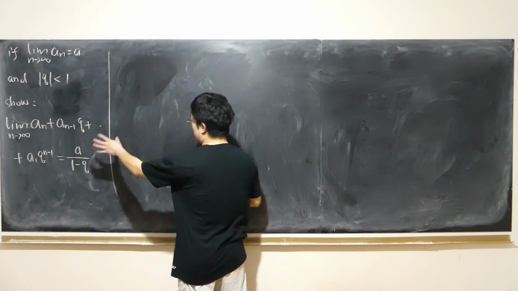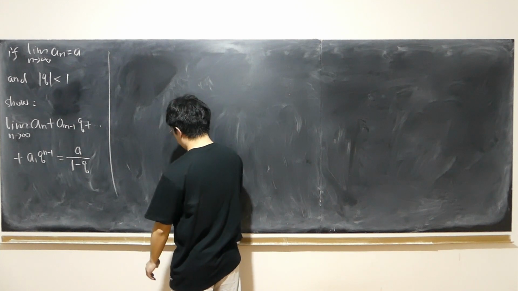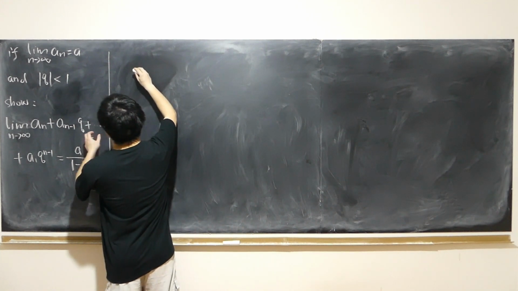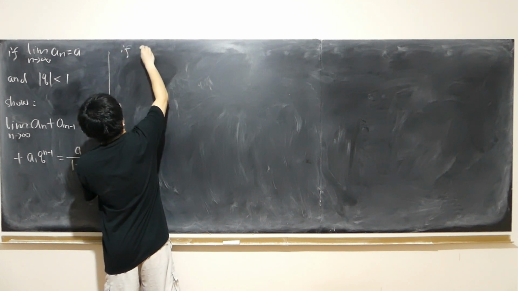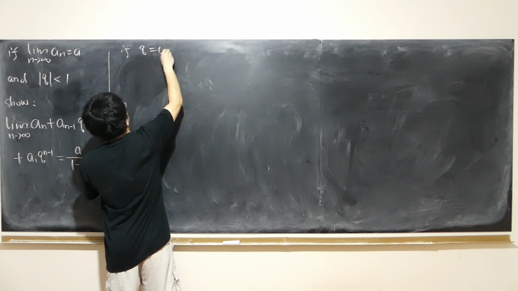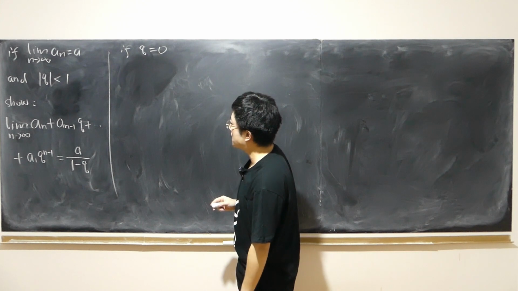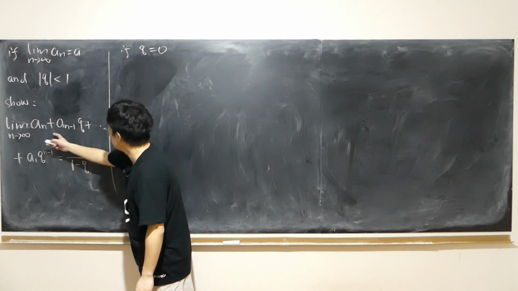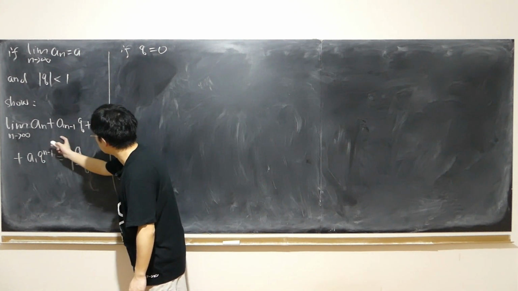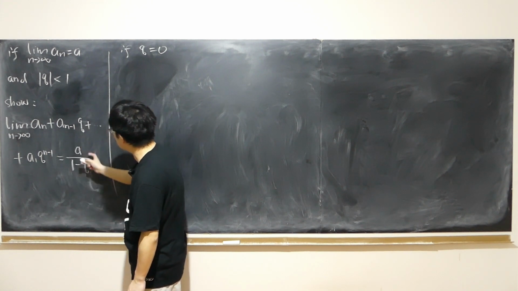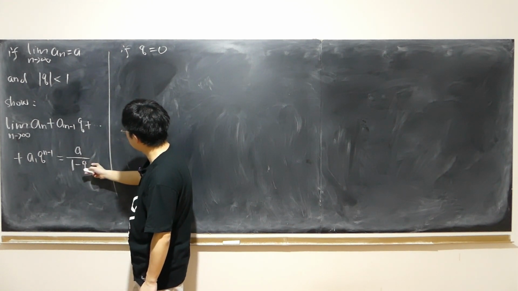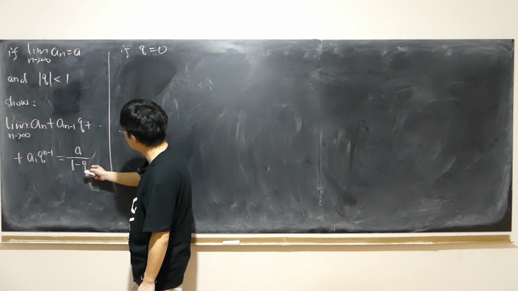But to properly prove this, first let's say, okay, if q is equal to 0, what's going to happen? Right? Then we have the limit of a_n, just the limit of a_n. Q is gone. Is it equal to A over 1 minus 0?